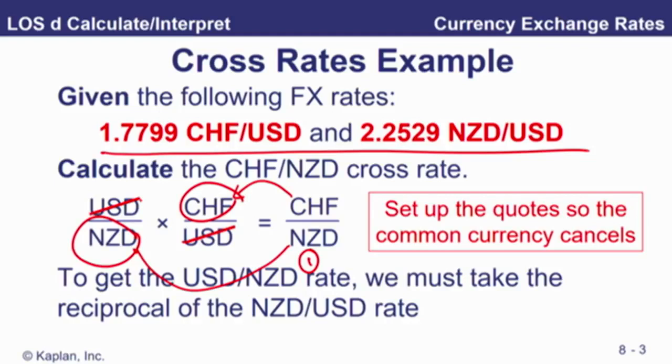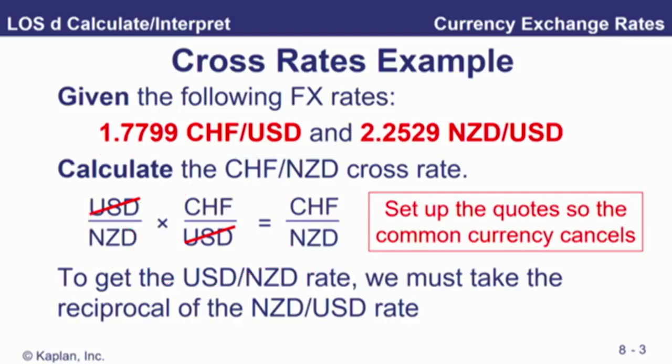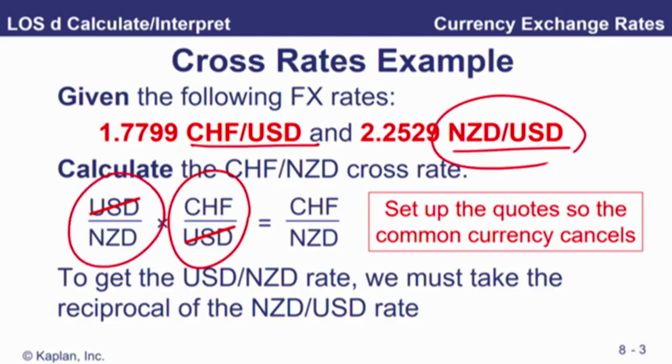Now, the beauty of this example is we were very kind to you. You have the right rates because you have Swiss franc per US, which is exactly what we needed, and New Zealand per US, NZD per US. We need USD per New Zealand dollars. So we've got the right rates, but we need to switch this one around. We needed USD per New Zealand. We've got New Zealand per USD.